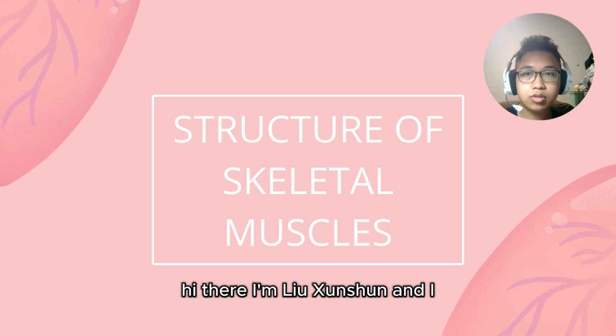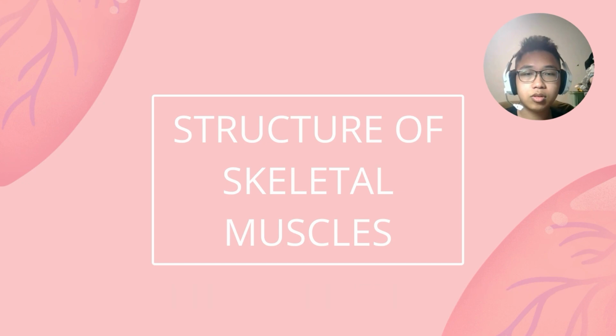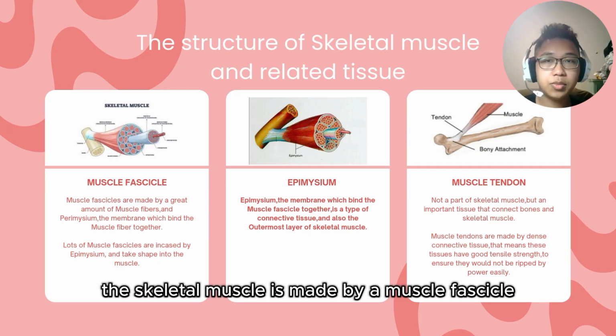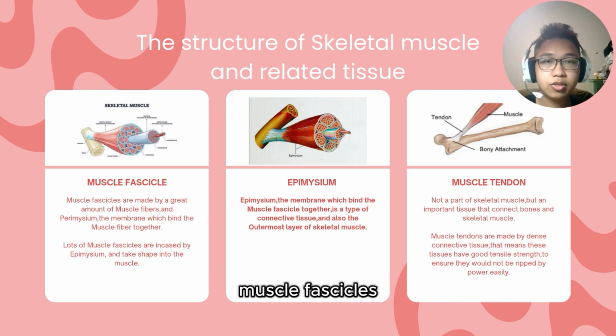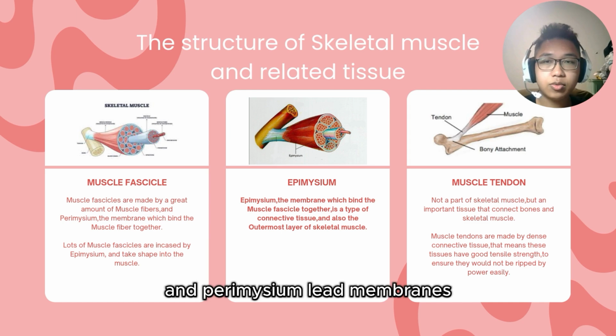Hi there, I'm Liu Xingsu, and now I'm going to introduce the structure of skeletal muscle. The skeletal muscle is made of muscle fascicles. Muscle fascicles are made of a great number of muscle fibers and perimysium, the membranes which bind the muscle fibers together.